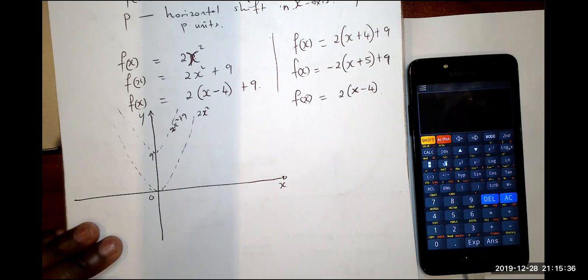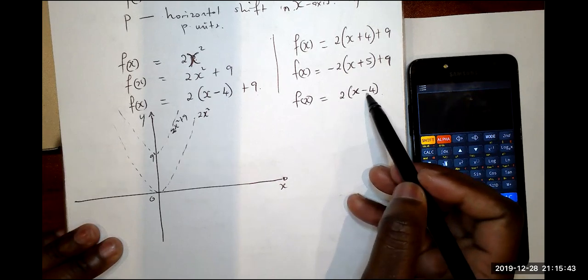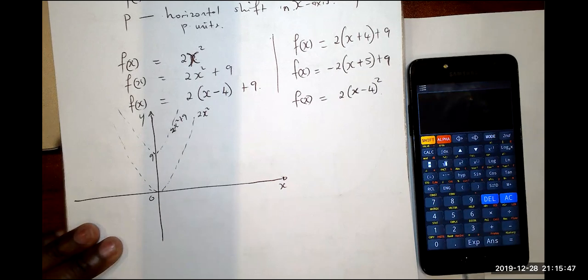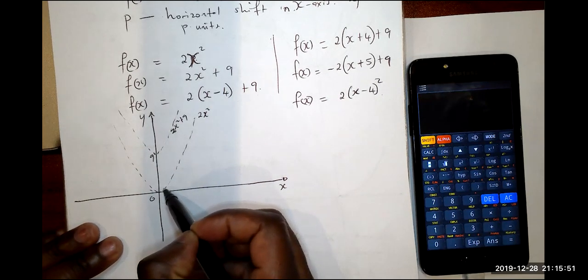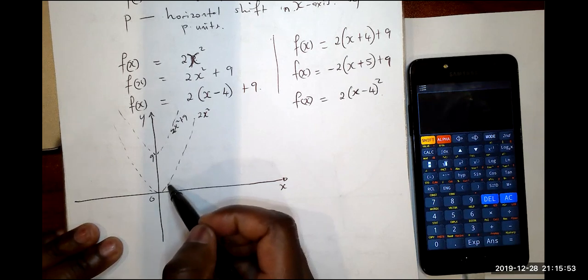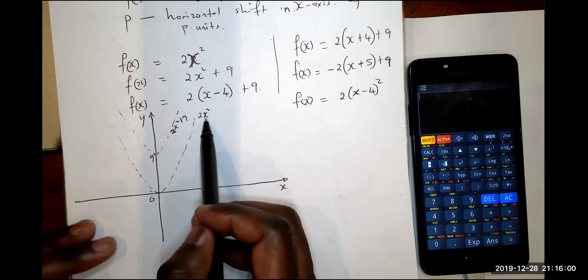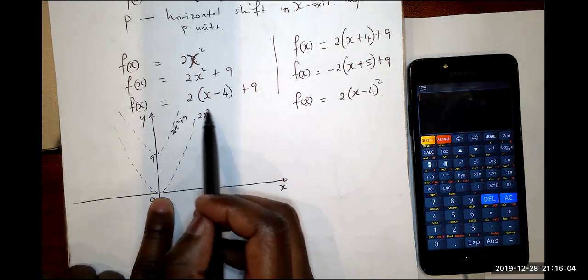So when you have 2(x minus 4) squared, this is our original graph of 2x squared. What must we do? We must move 4 units. Where? Because we want to come back to our original equation from the transformed equation.